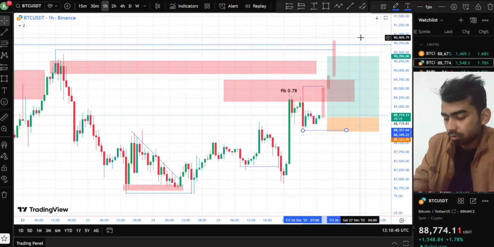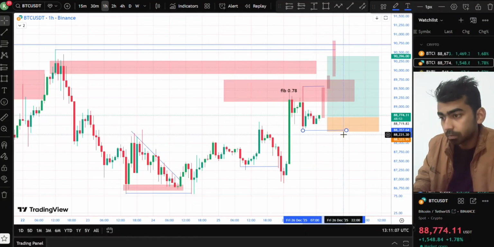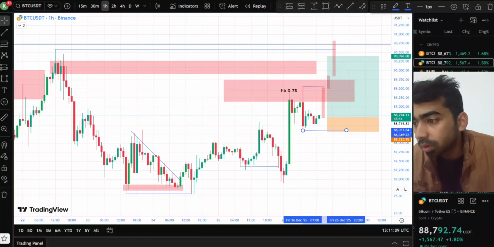Now it is moving upside. And my SL will be below 88,357.